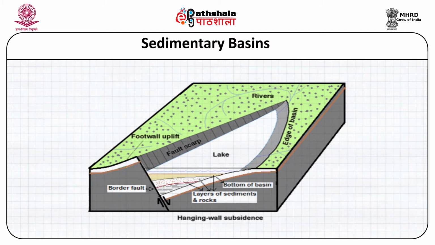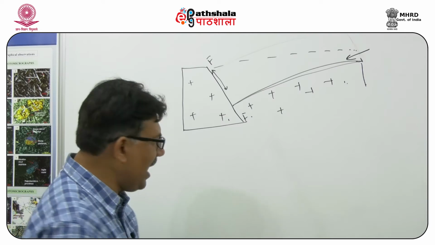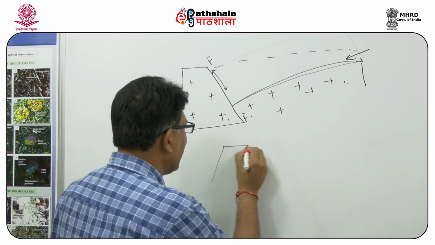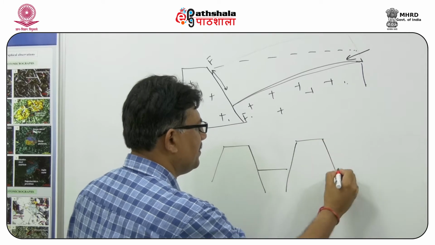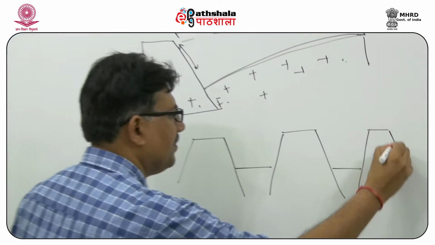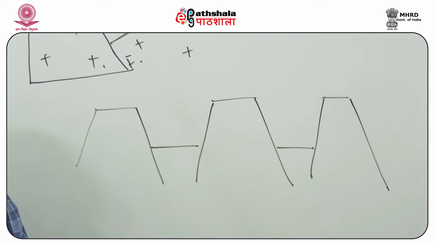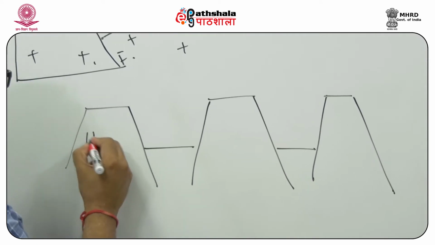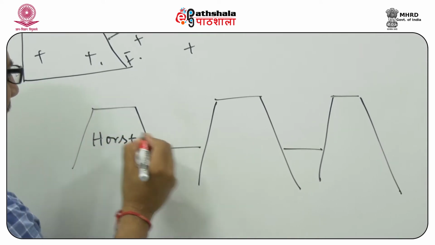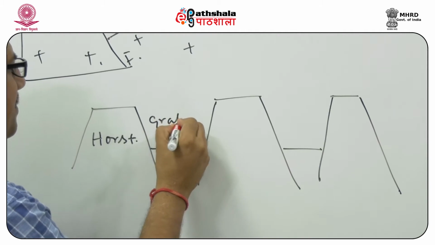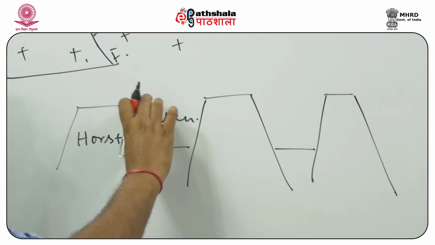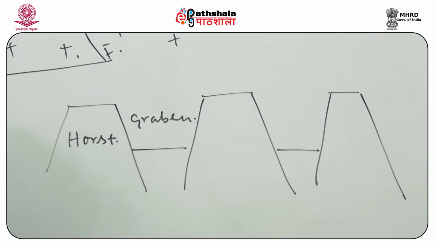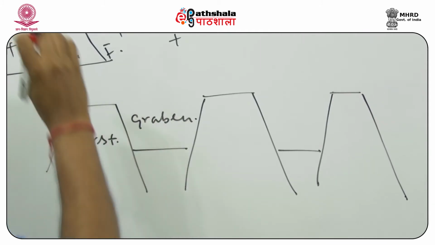From this extension we can also have a horst and graben kind of situation. These parts are called horst and this is called graben. You get a thick sediment succession within the graben, but you do not get a very thick succession on the horst.